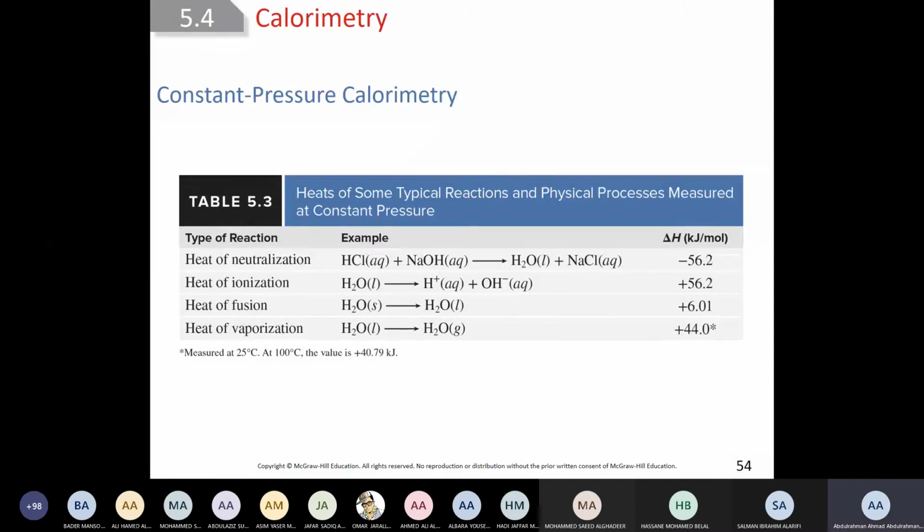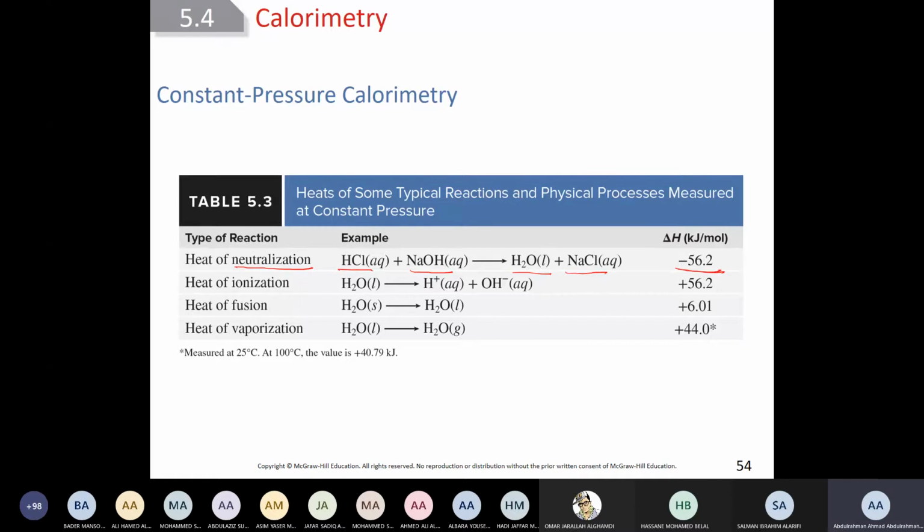These reactions are very important. What do you call neutralization? Acid plus base equals water. Exactly, acid plus base gives you water and salt. And this is the heat.